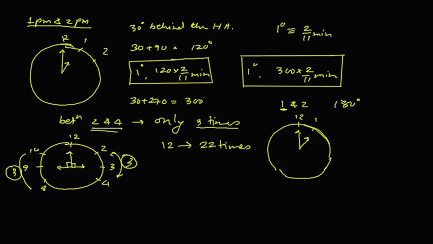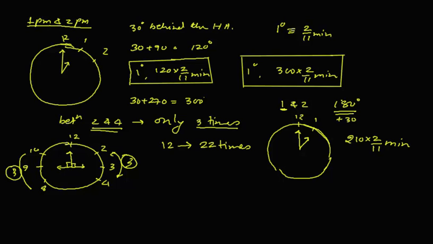The minute hand is 30 degrees behind the hour hand and it has to gain 180 degrees. So definitely it has to gain 30 plus 180, so it will be 210 degrees, and this will happen in 210 into 2 by 11 minutes.